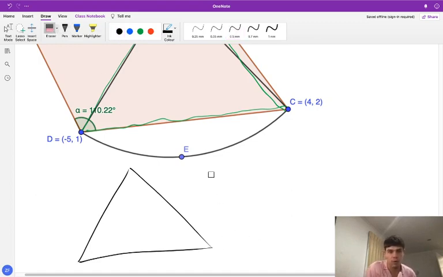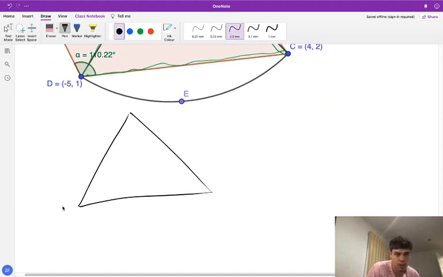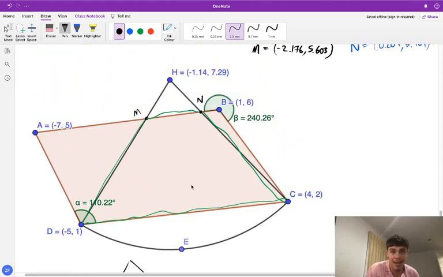Right, so I've got this new shape, and I've got D, which is -5 and 1, and over here, I might as well color that in, I've got C, which is 4 and 2, and up here H, which is some nasty number: -1.14 and 7.29.